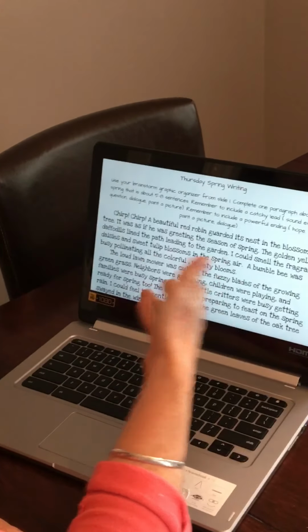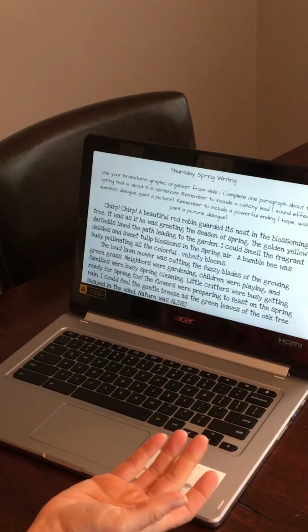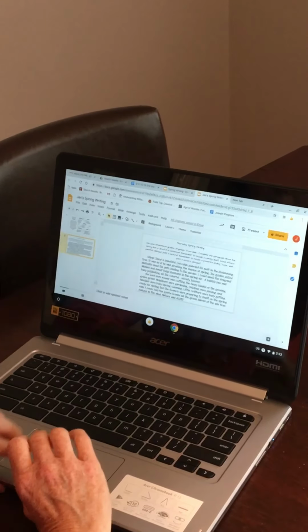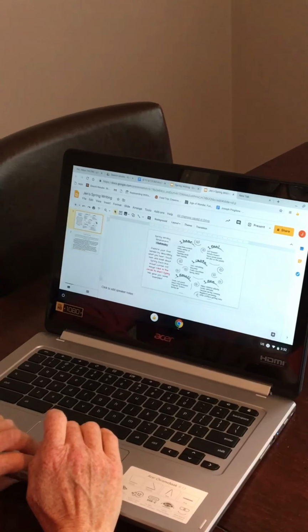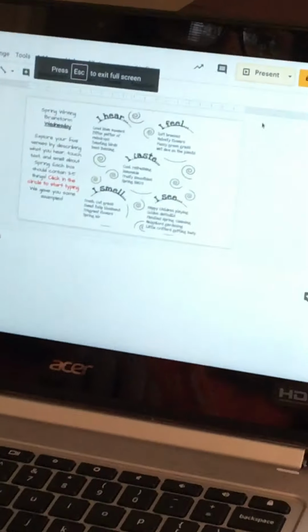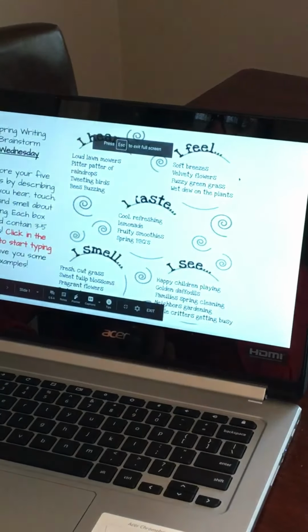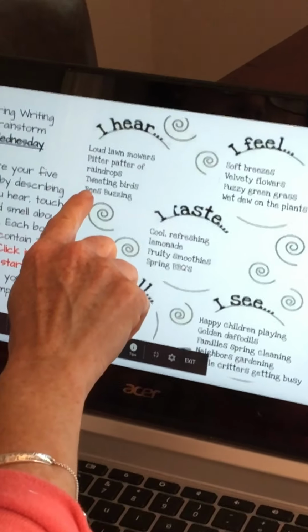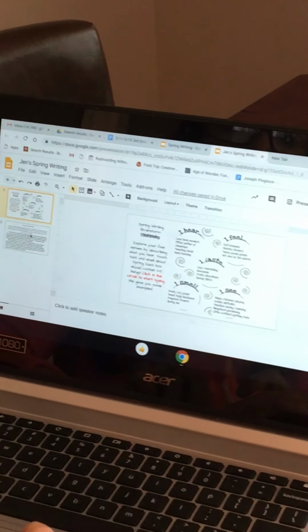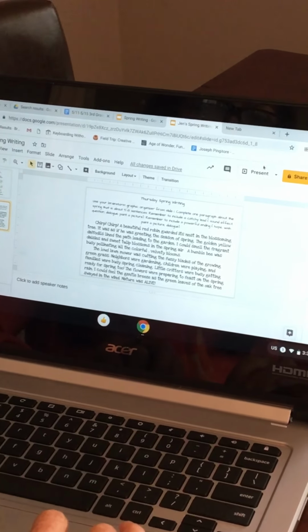And then I remembered in the writing that we talked about bumblebees. And I also had that in my graphic organizer. So again, I'm going to go back to my graphic organizer, and I'm going to show you that I even had under sound, bees buzzing. So again, I added that here.